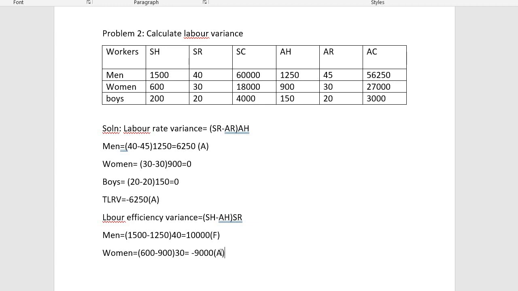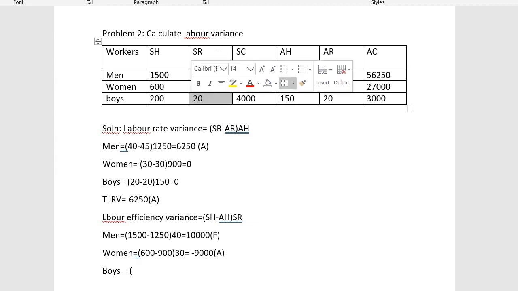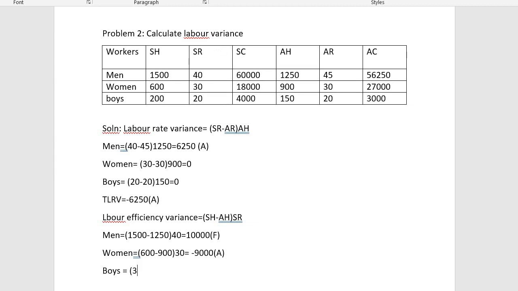Next is for boys. Standard hour is 200, actual hour is 150, and standard rate is 20. It equals 200 minus 150 into 20, that is favorable 1000.